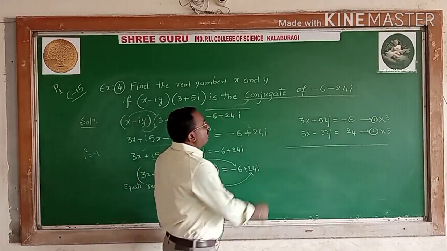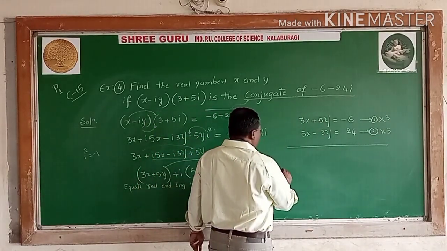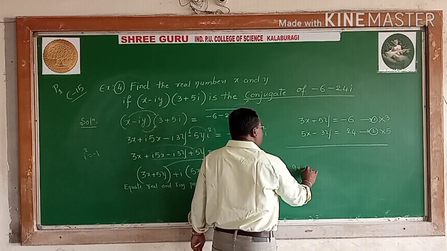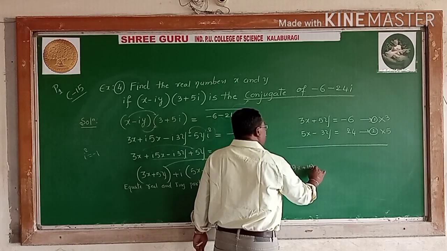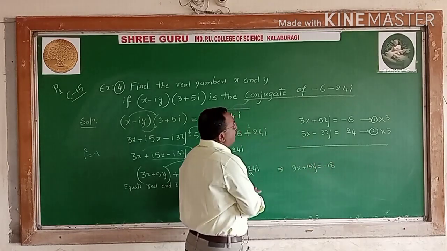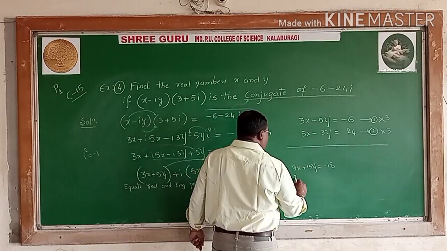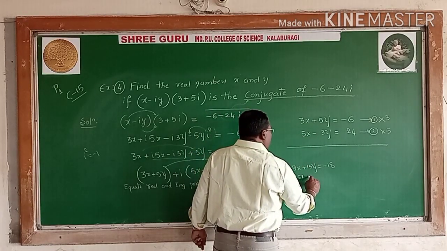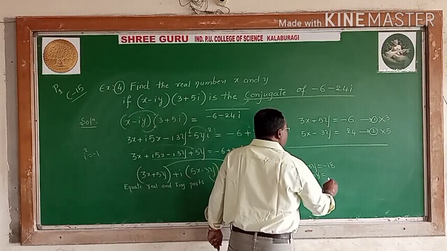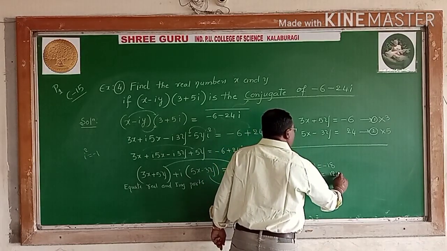Next step: 3 3s are 9, 9x plus 15y is equal to minus 18. Next, 5 5s are 25x minus 15y is equal to 24 into 5, 120.